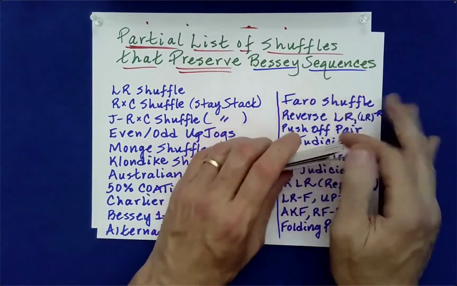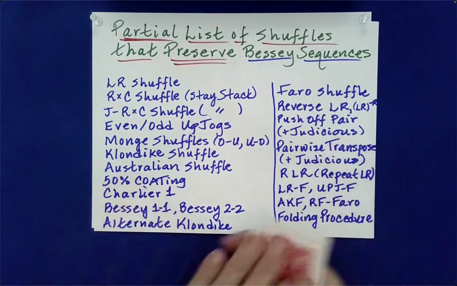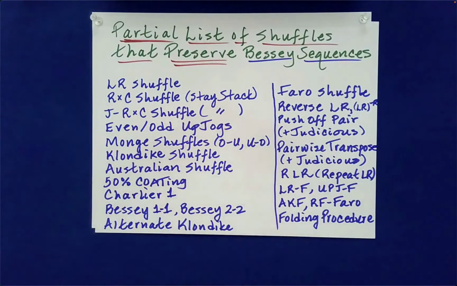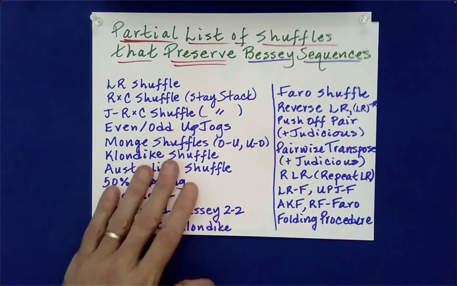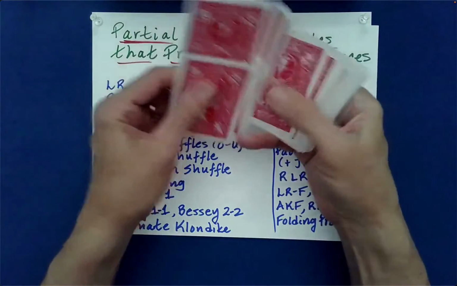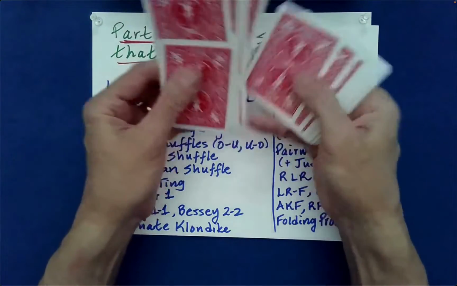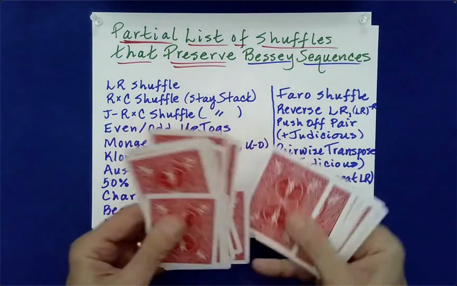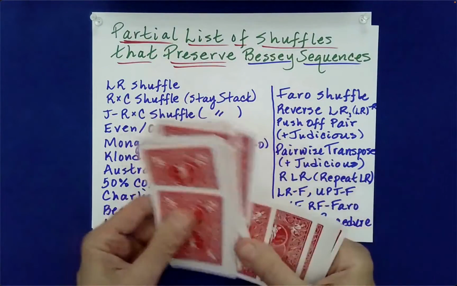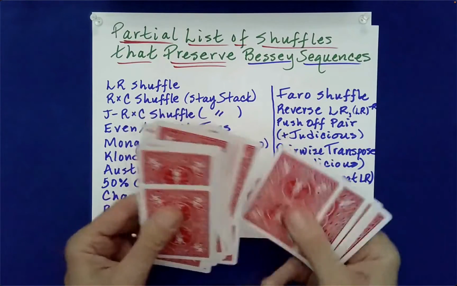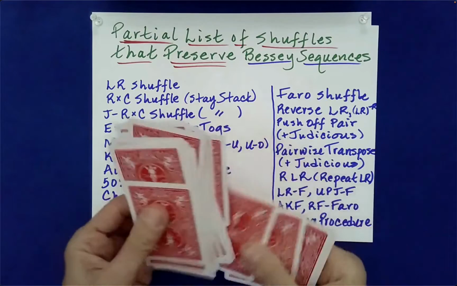Okay, so that's some of the LR or the multiple pile stacking and dealing. We can do even or odd up jogs. You can do as many of these as the spectator calls for, and they can decide whether we should stack the left on top of the right or the right on top of the left once we strip these out.